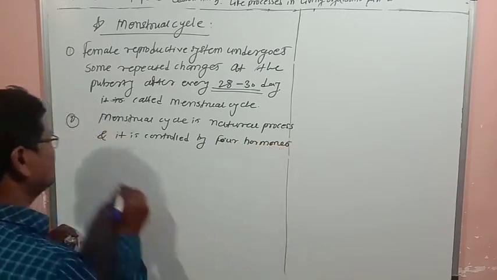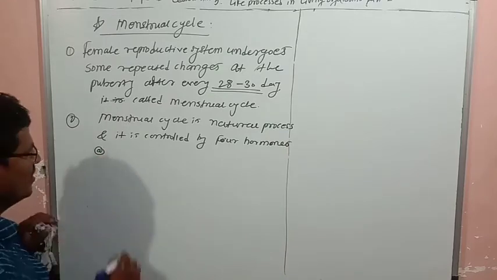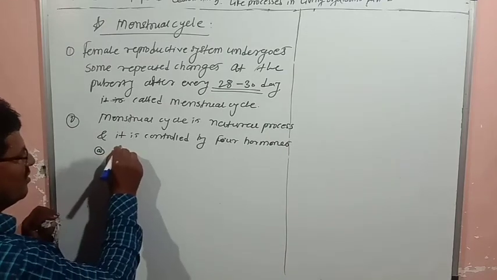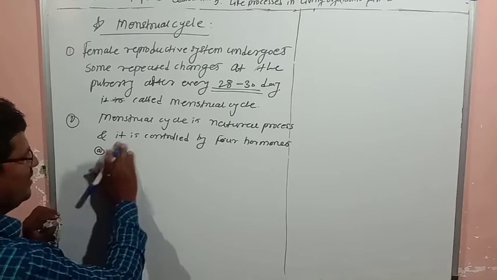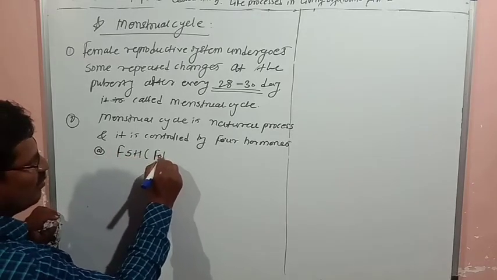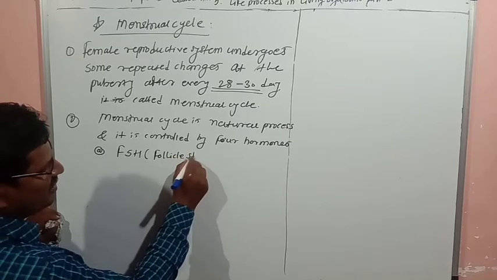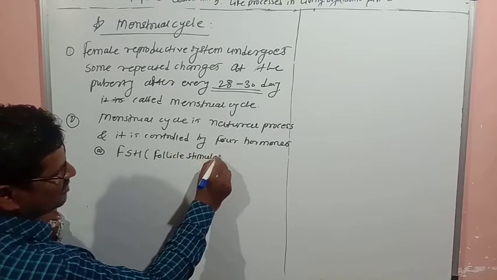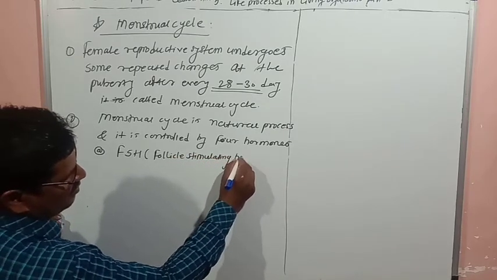These four hormones are: first one is FSH, follicle stimulating hormone.